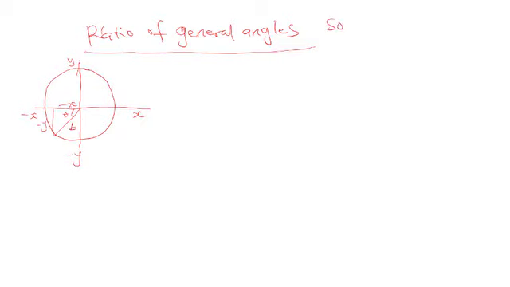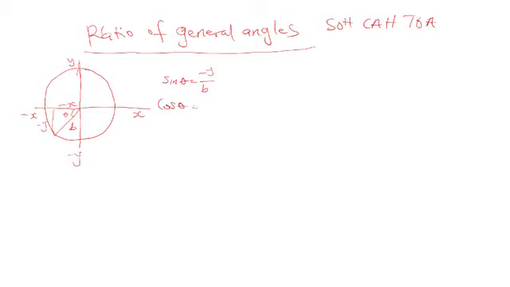Remember, we also have our SOHCAHTOA. So in this quadrant, sine theta, which is opposite over hypotenuse, is minus y over b.